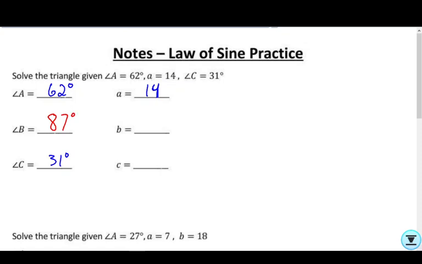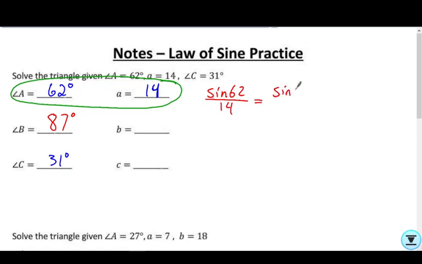Now, I'm going to use this ratio right here to find my other two pieces of information. Okay, so sine of 62 over 14 equals, and it doesn't matter if you do side B first or side C first. So you're going to just cross multiply.